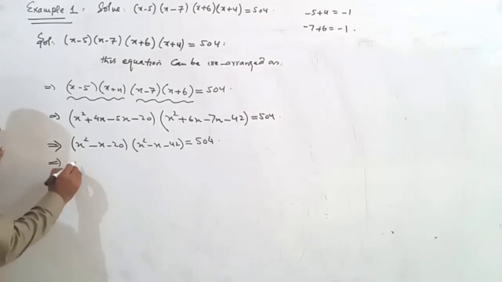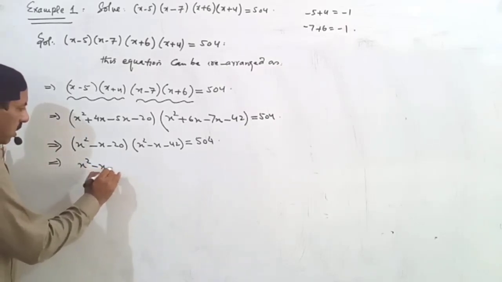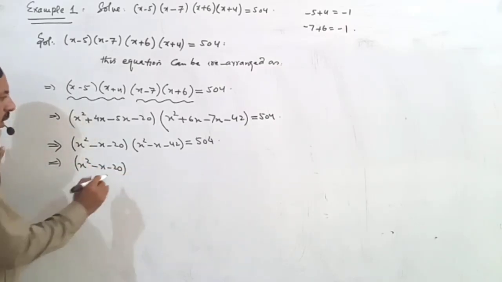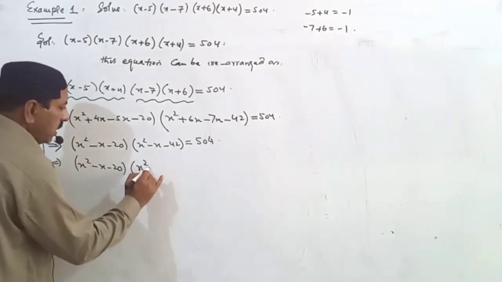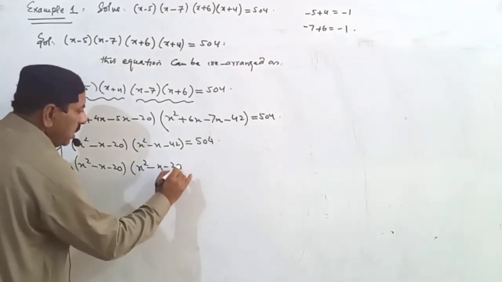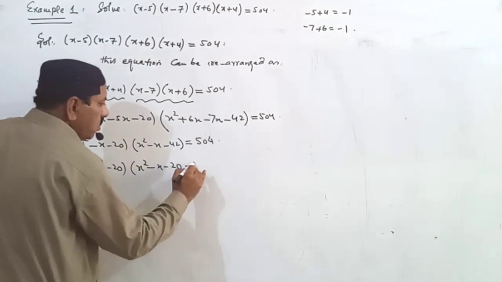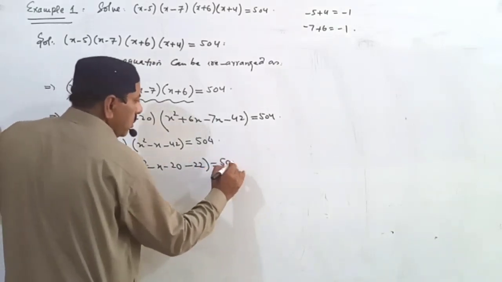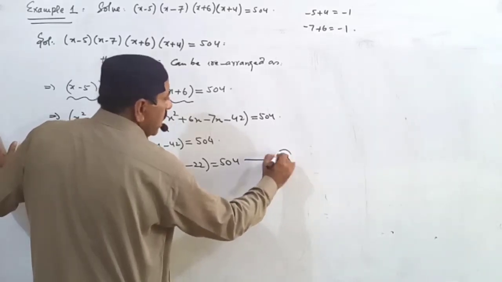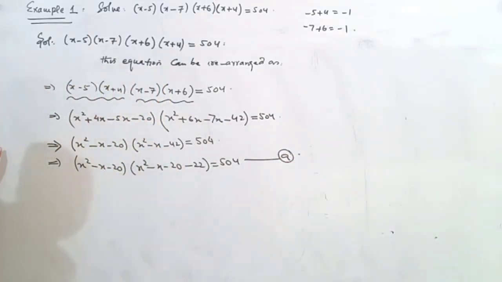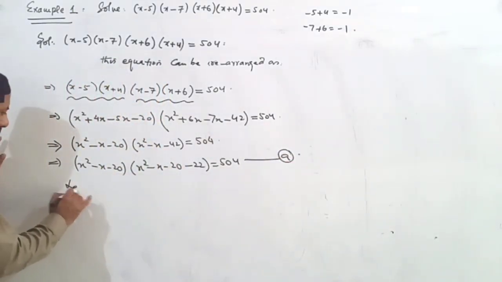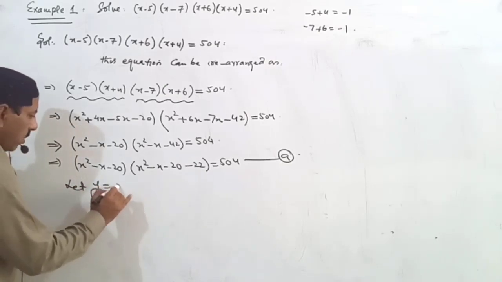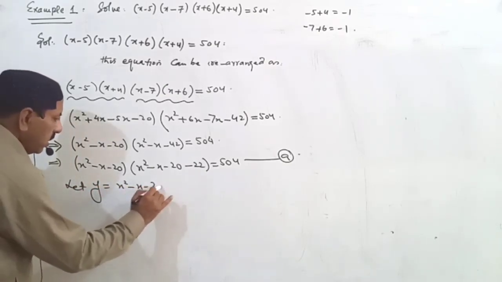So, also we can write this as x square minus x minus 20 and x square minus x minus 20 minus 22 is equal to 504. Now, let y is equal to x square minus x minus 20.